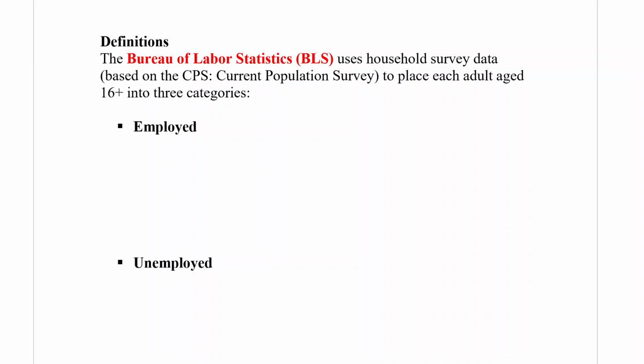So first, let's go ahead and dive in to how the Bureau of Labor Statistics measures these things. So BLS, Bureau of Labor Statistics, and they do these surveys continuously throughout the year, and they place each adult, so they're defining adults as 16 plus in their labor market statistics, into three categories, and then also some subcategories.